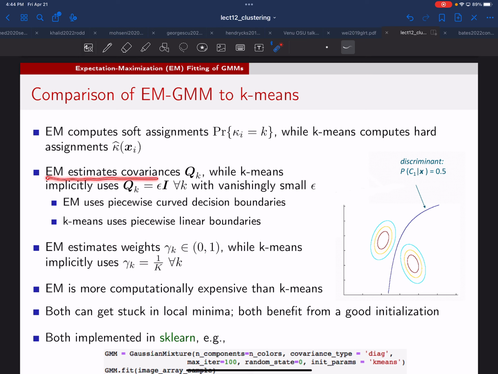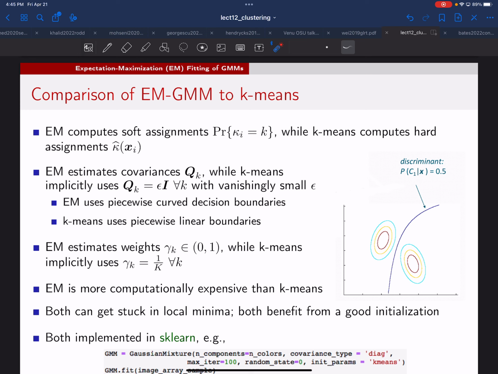EM is estimating full covariances that tell you how the clusters are stretched, whereas if you look back at k-means, you can deduce that it is implicitly using identity covariances scaled by a very small epsilon.